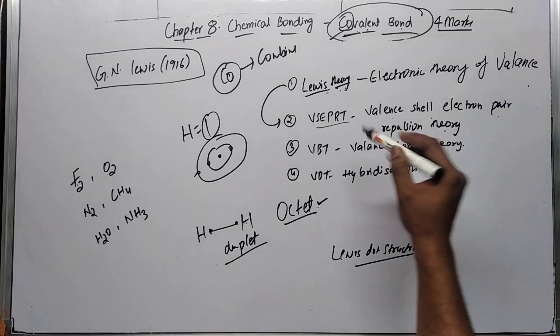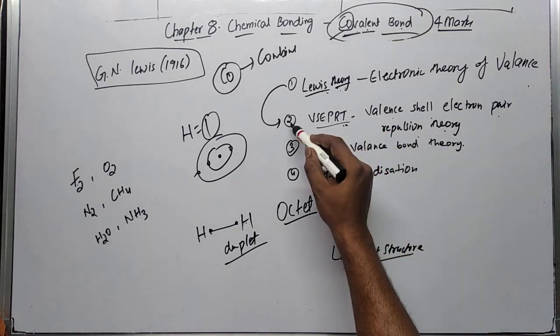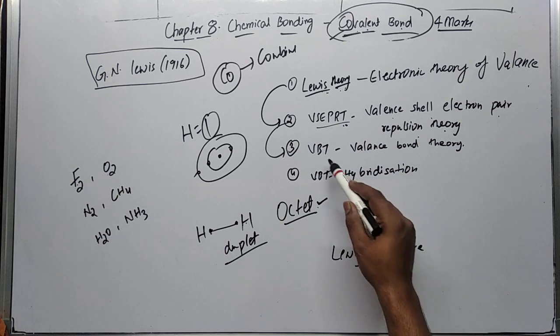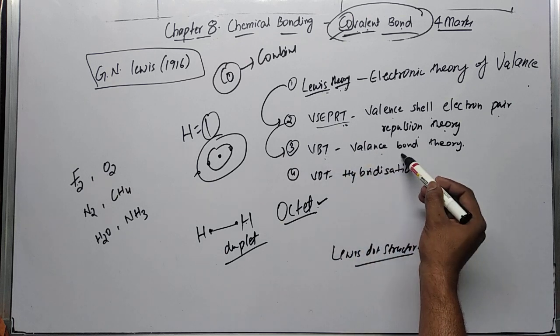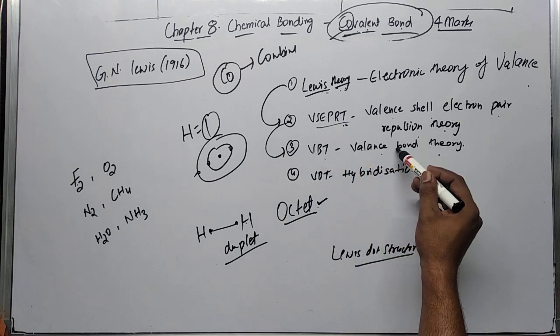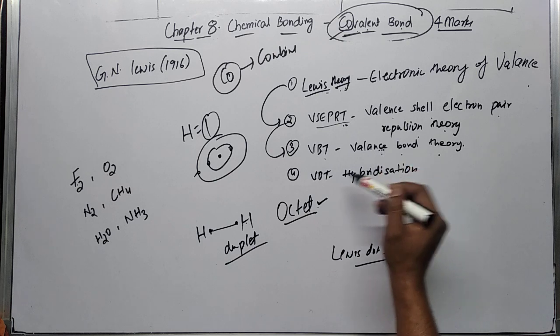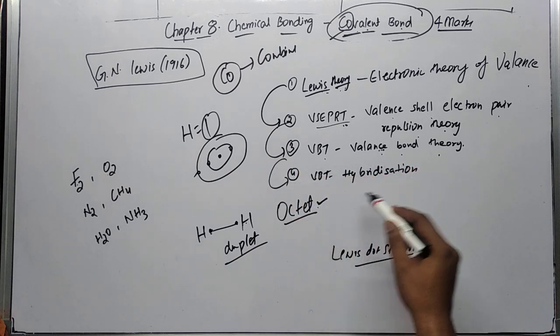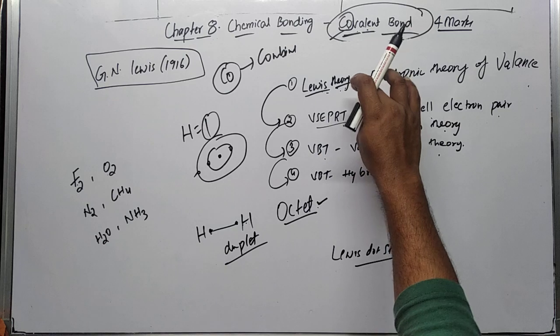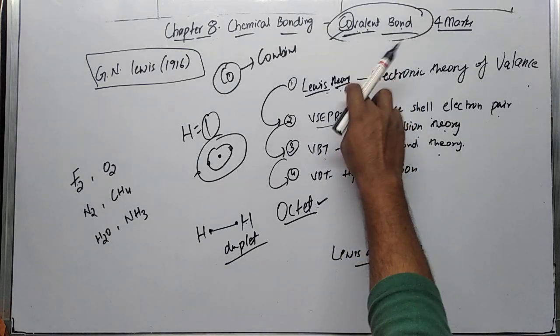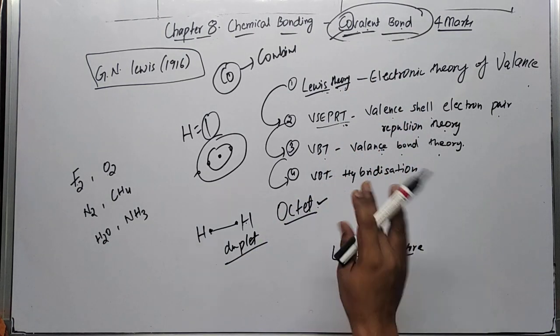Again there is some drawback in VSEPR theory, so they introduced VBT, which stands for valence bond theory. Again, something is not explained properly in VBT, so they introduced the hybridization theory. In these 4 topics you will have the same examples.